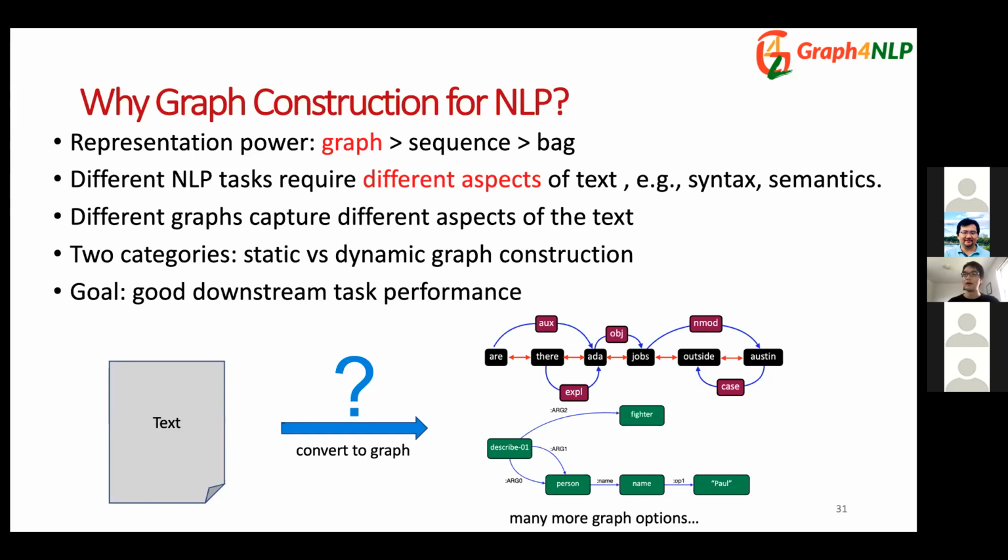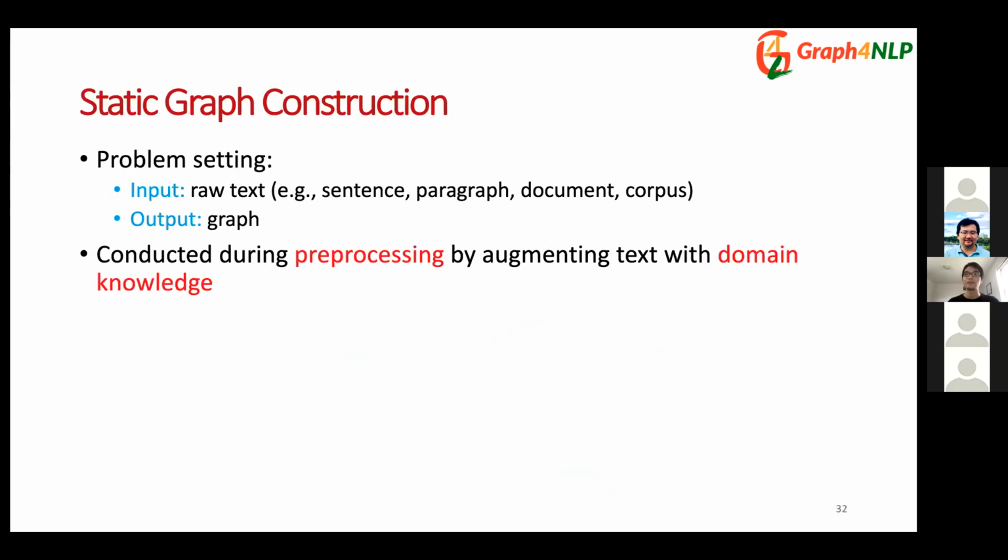In general, we group various graph construction approaches into two categories: static graph construction and dynamic graph construction. We will introduce each of them and summarize their properties next. Notably, the primary goal of the graph construction we are talking about in this tutorial is to achieve good downstream task performance. So let's first talk about static graph construction.